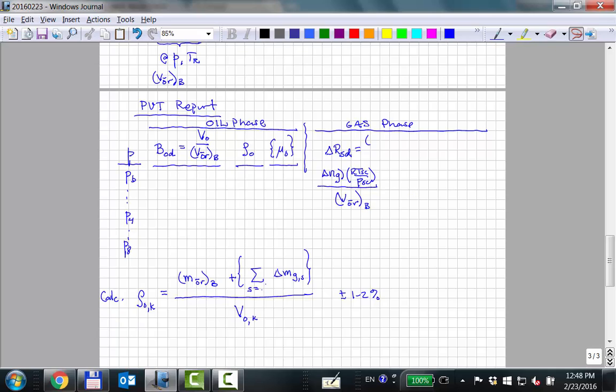That below there. So I have some room here. And then they're going to add up at a given stage how much gas is still in solution at a given stage. It's just kind of summing up these delta RSGs.